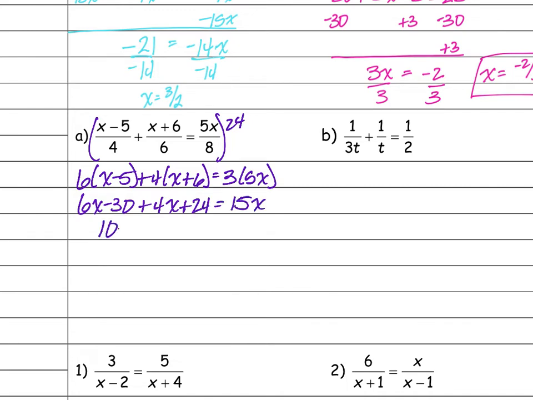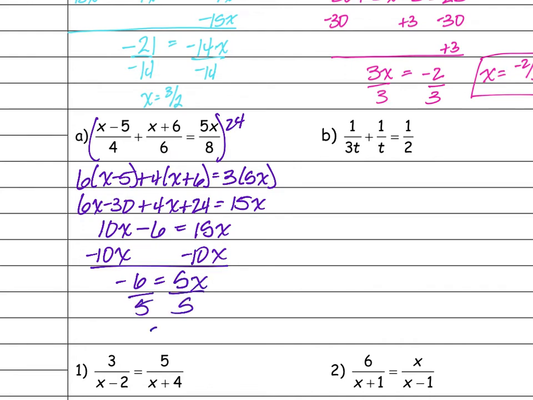And that gives me 10x minus 6 equals 15x. Minus 10x on both sides: negative 6 equals 5x. Divide by 5, and x is going to equal negative 6/5.